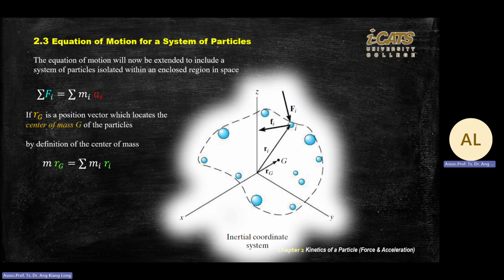Okay. Recall what you learned in statics: center of mass. For center of mass, you take m multiplied by the distance to the gravitational point. In this case, let's say Rg is the distance to the center of mass of that object. So m times r equals the sum of all the individual masses multiplied by Ri.